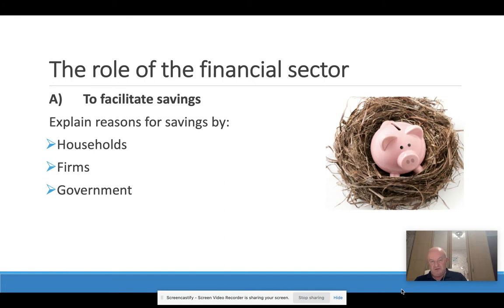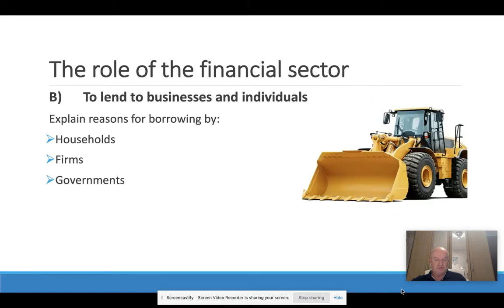What I mean by that is that if a higher proportion of people save money, whether because interest rates are high at the time, or because they're choosing to hold on to their money, then if you've got a high overall savings ratio, you're also likely to have a relatively high level of investment in the future. So that's something to bear in mind. You can obviously go and find out some more detail about the reasons why households, firms and governments might choose to save. So that's the first thing, facilitating saving.